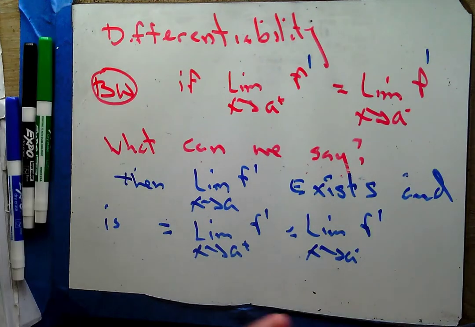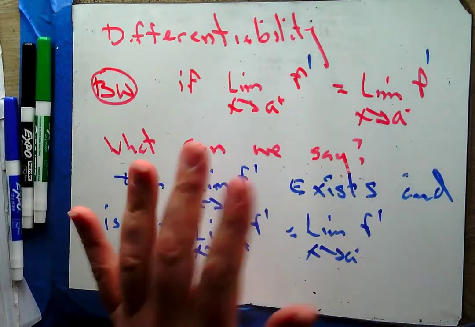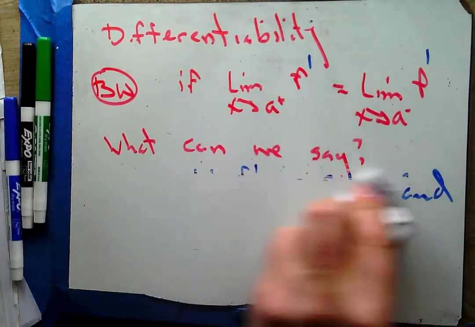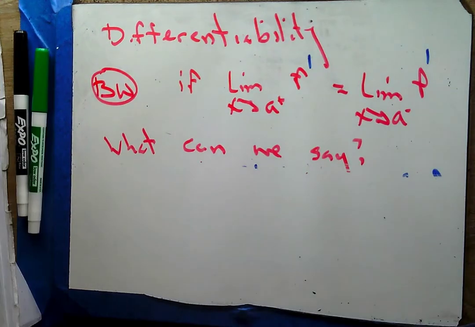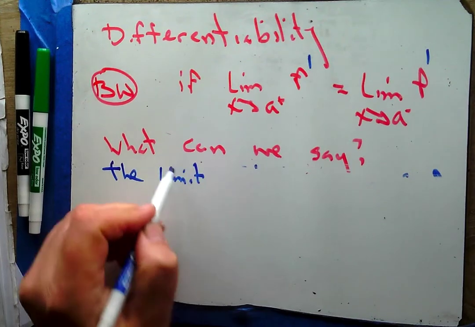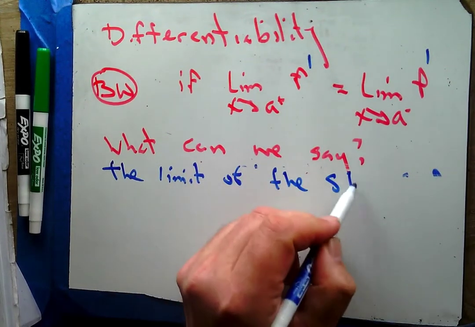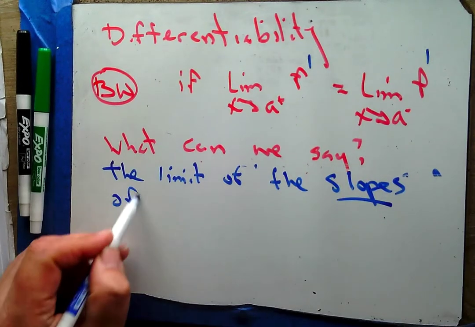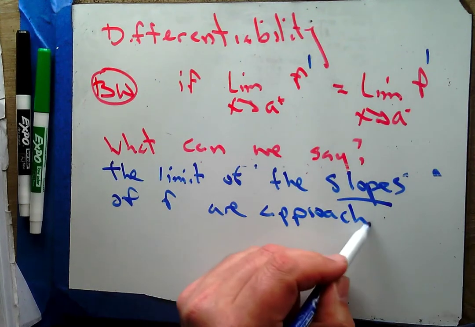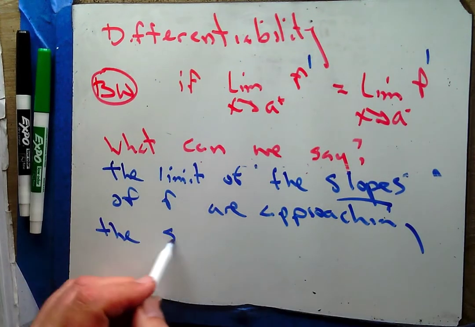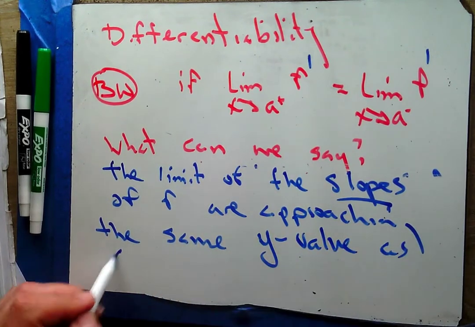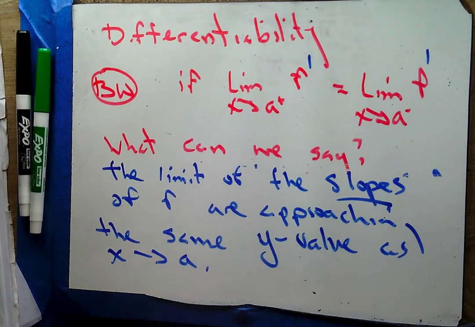We saw when we had the limit of f, we were talking about the y values. What are we talking about here? Well, what we're saying here is the limit of the slopes of f are approaching the same y value as x approaches a.